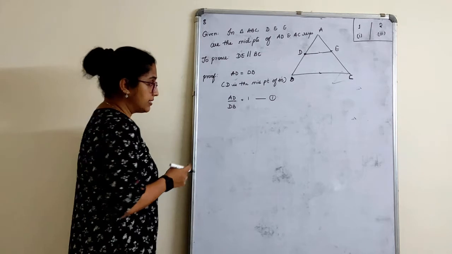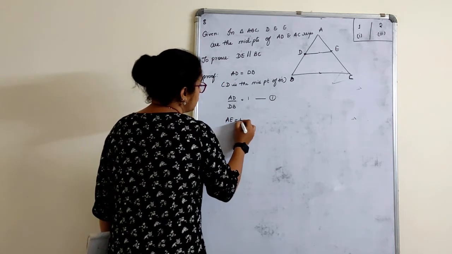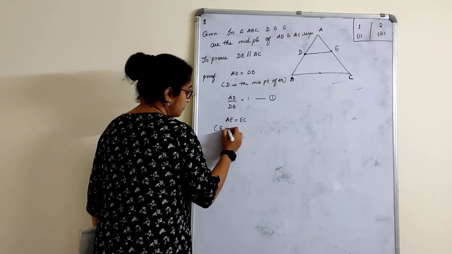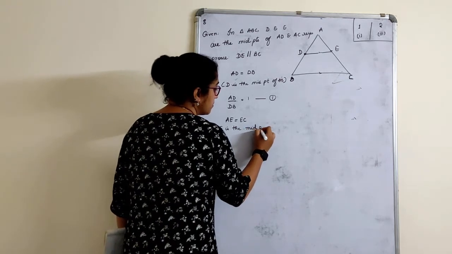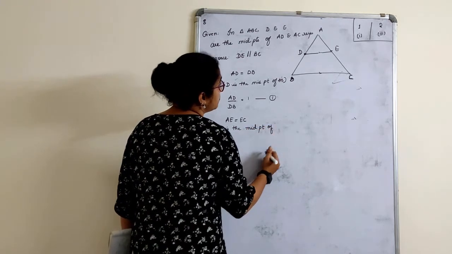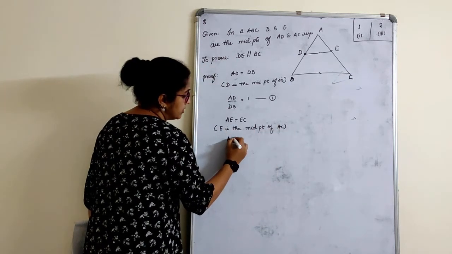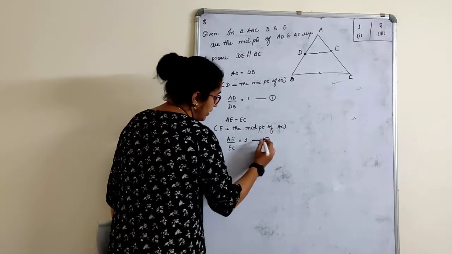Can I write? Yes. Similarly, I will write the next one. AE is equal to EC. Reason: E is the midpoint of AC. So I will write this, AE upon EC is equal to 1, equation 2.